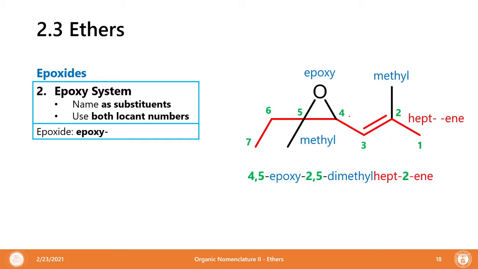There are 7 carbon atoms that connect to this alkyne, and so we use hept-yne. At position 2, we have the alkyne, hept-2-yne. At positions 2 and 5, we have 2 methyl groups, dimethyl. And at position 4 and 5, we have an epoxy.